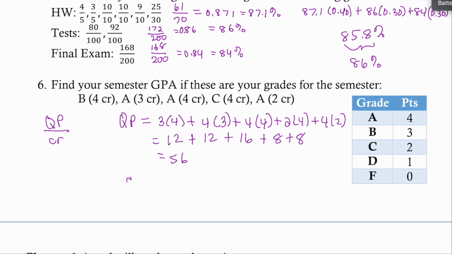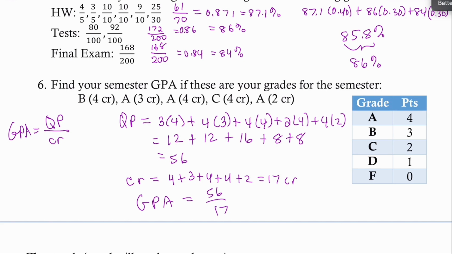Now the total credits are just how many credits did you take that quarter? So you took 4, 3, 4, 4, and 2. You took 17 credits. So your GPA is just going to be quality points divided by credits.